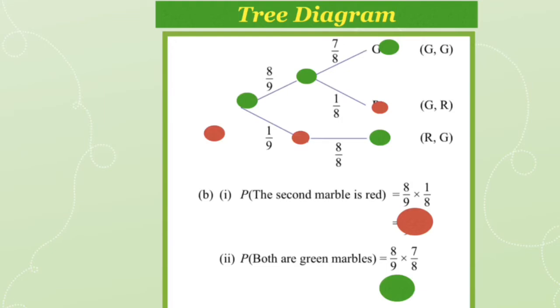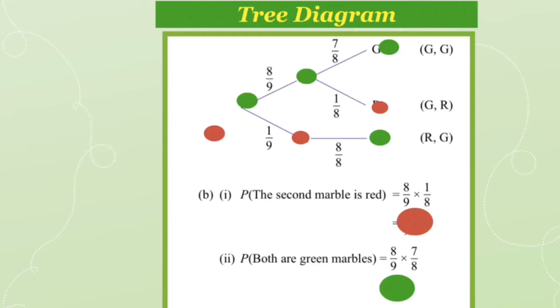Now the tree diagram looks like this. We always start with the dot. The probability of getting green is 8/9 and the probability of getting red is 1/9 because 8/9 plus 1/9 must be equal to 1.